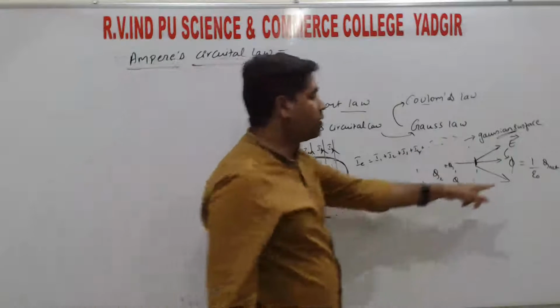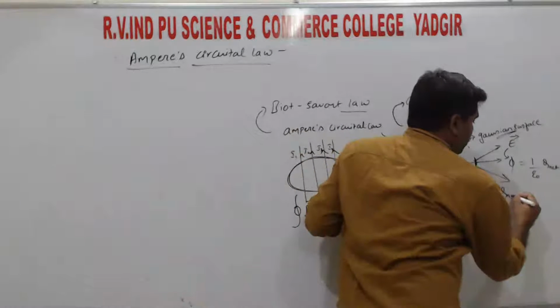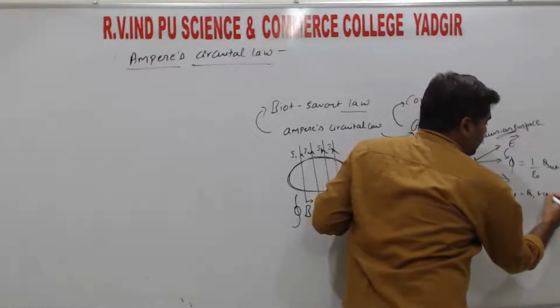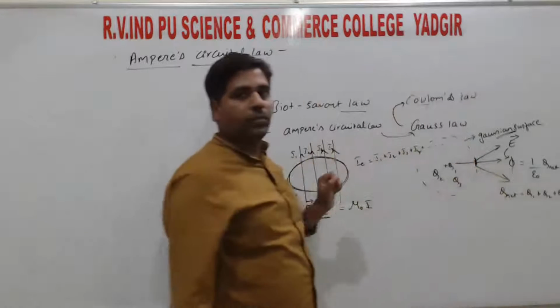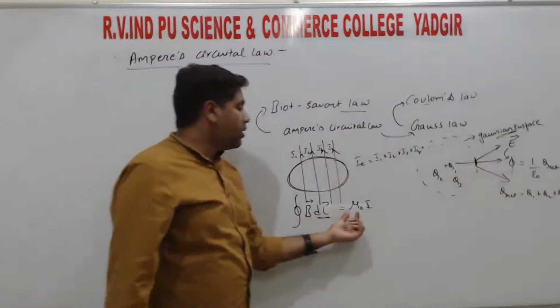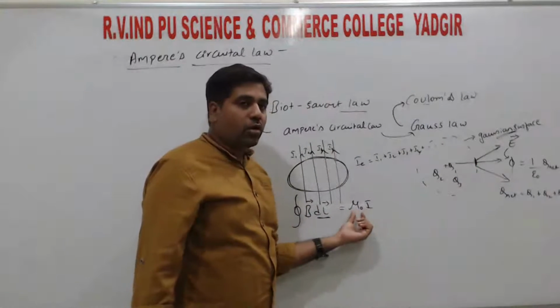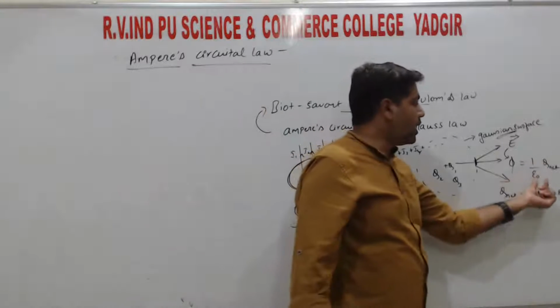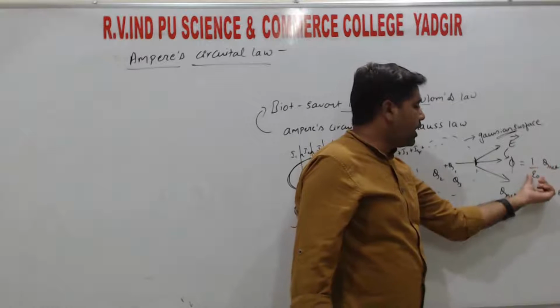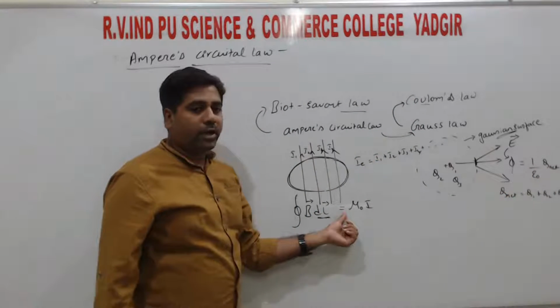Similarly, Q net is equal to Q1 plus Q2 plus Q3 and so on. The difference is that here we have mu naught times the current in the surface, and there we have 1 by epsilon naught. Here there is permeability, and there is permittivity.